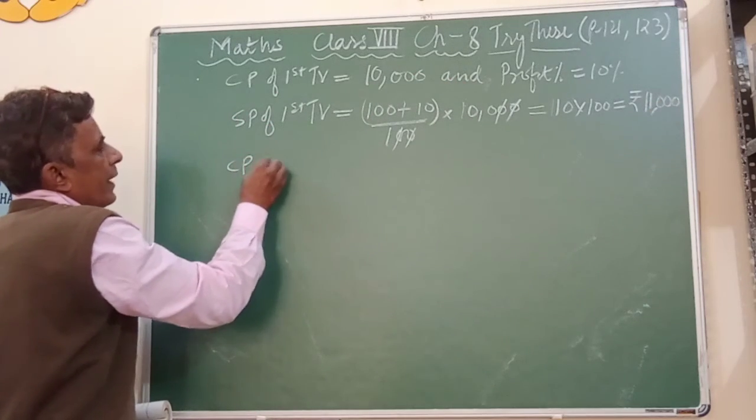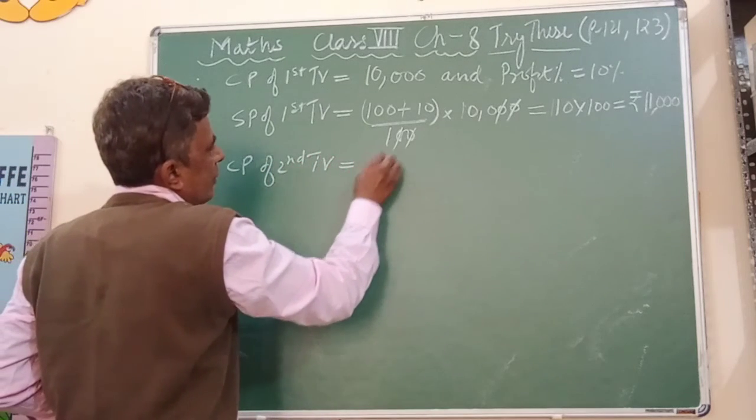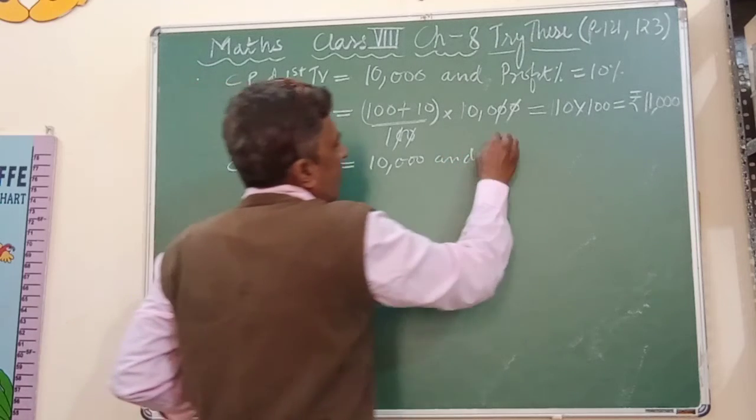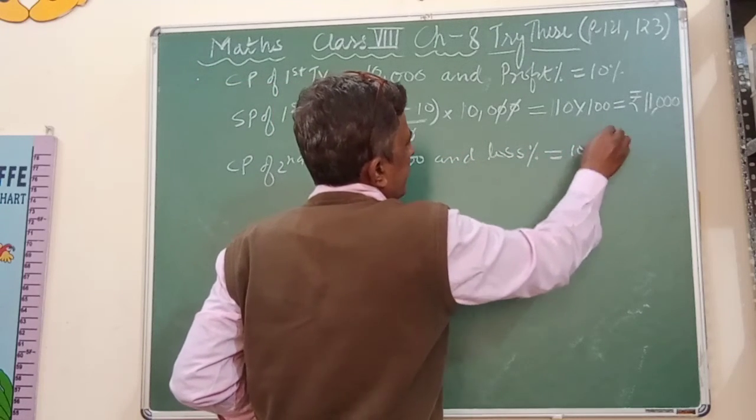CP, cost price of the second television set, is also 10,000 and percentage of loss is 10%.